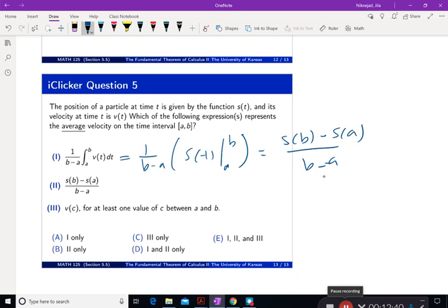Now, what is number 3? v of c for at least one value c between a and b.